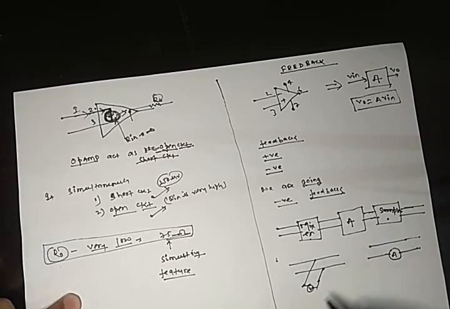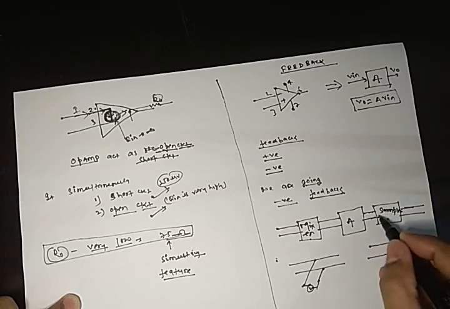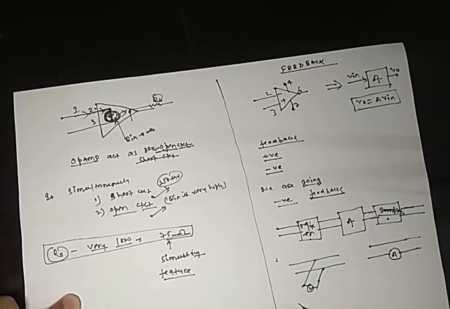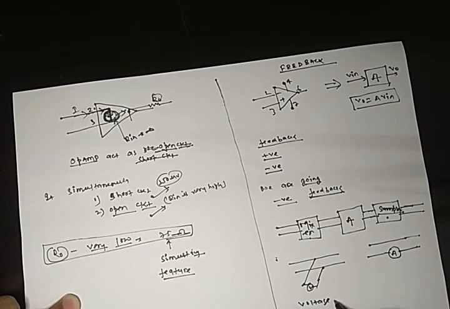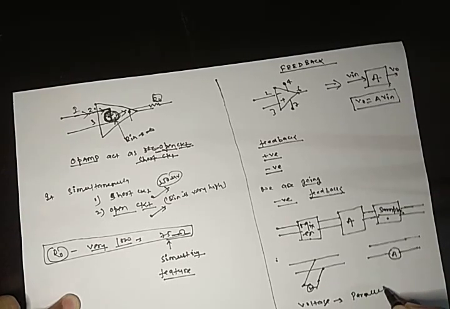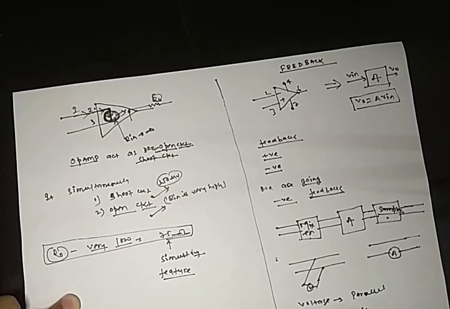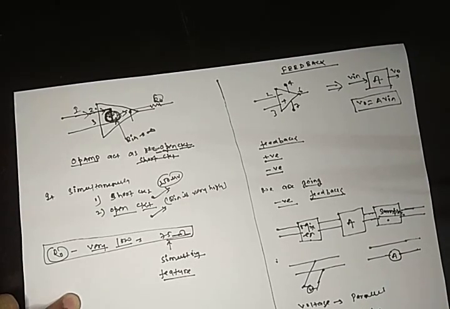So if we want to sample, there are 2 quantities only, voltage and current. So voltage is tapped in parallel and current in series. Why voltage is tapped in parallel, we got to know.